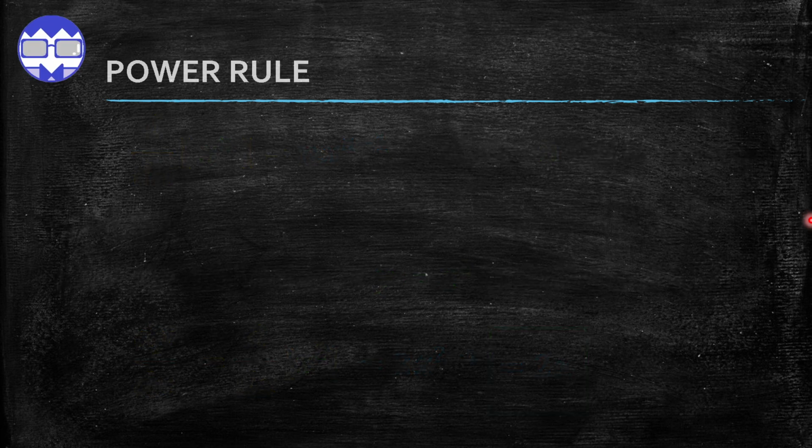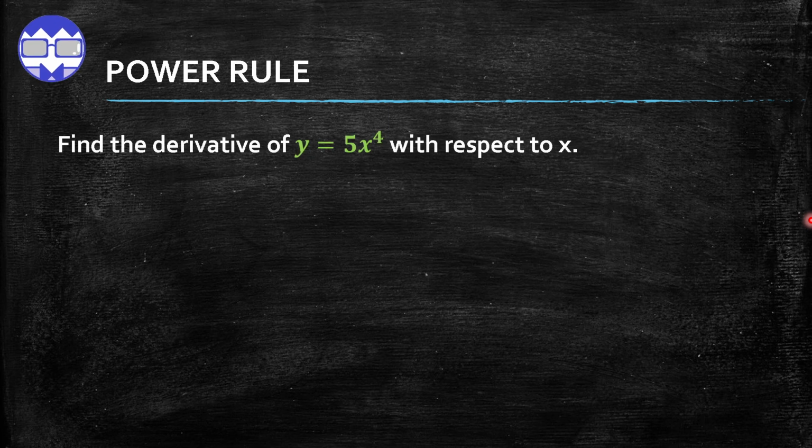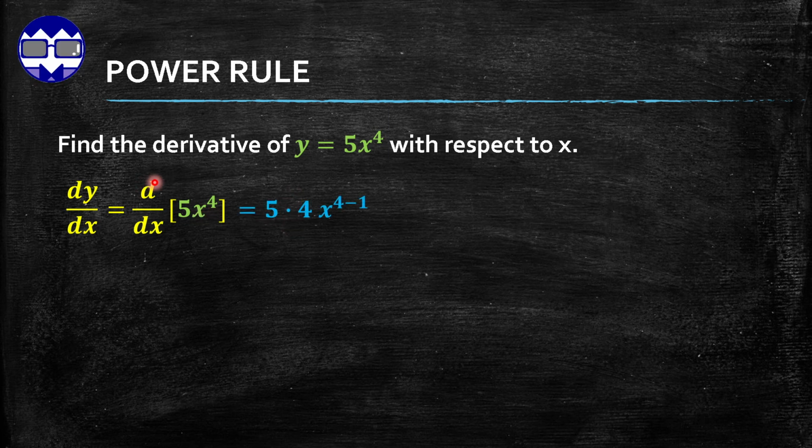Next, we have another example. What if there is a coefficient already in your function? Find the derivative of y equals 5x to the power of 4 with respect to x. Because 5 is just a constant multiple, we can multiply the 4 to the 5.